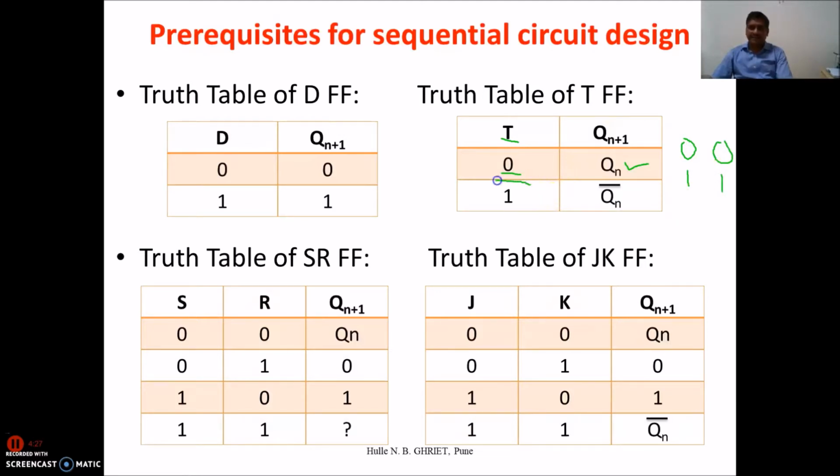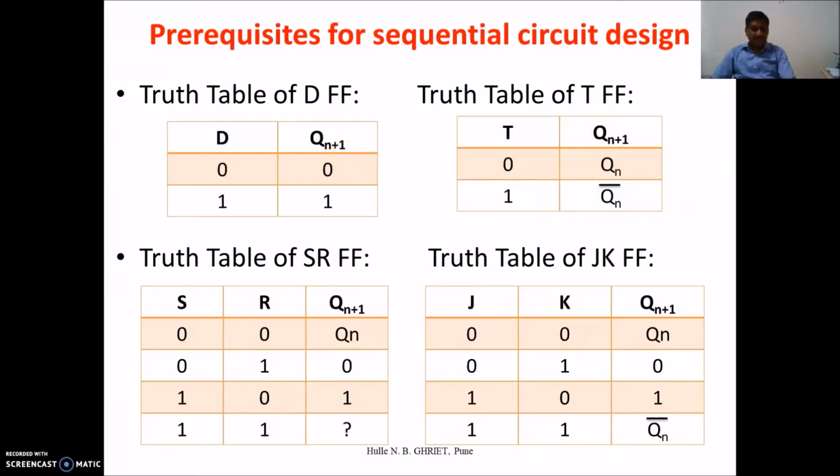And whenever the input is 1, in that particular case, Qn bar is the complement of the previous state, that is toggle. Means whenever input is 1 and the previous state is 0, the next state will be 1, and if the previous state is 1, in that case the next state will be 0. This is the truth table of the T flip-flop.